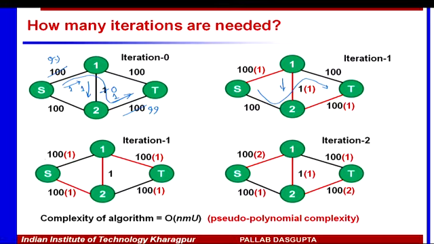So, now at this stage this has 99, this has 99, this has 99, this has 99, and now no more units are flowing through this. Again I can choose to augment along this, therefore, this will become 98, this will become 98, and this will become 1 in this direction, and the residual capacity in this direction will be 0.